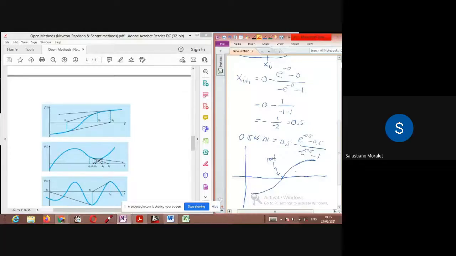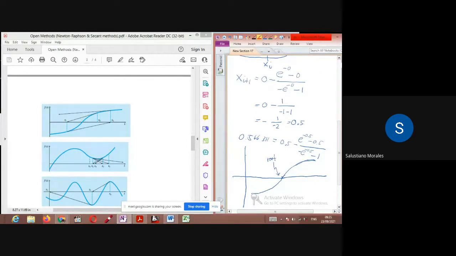Then at the right side it is already opening downward. So ganun yung inflection point. So kung saan siya mag-change yung curvature. Okay, so if that is the case, that the root is near that point, then there is a tendency that we have a larger number of iterations.